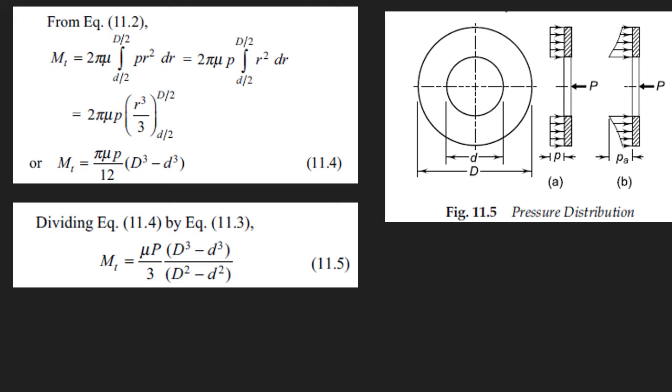This is the formula that we will use to calculate the torque carrying capacity of the clutch using uniform pressure theory. Remember that we started off by saying that uniform pressure can be expected only in new clutches. When there is very little wear and the pressure can be assumed to be uniformly spread across the contacting surface, this equation is valid.